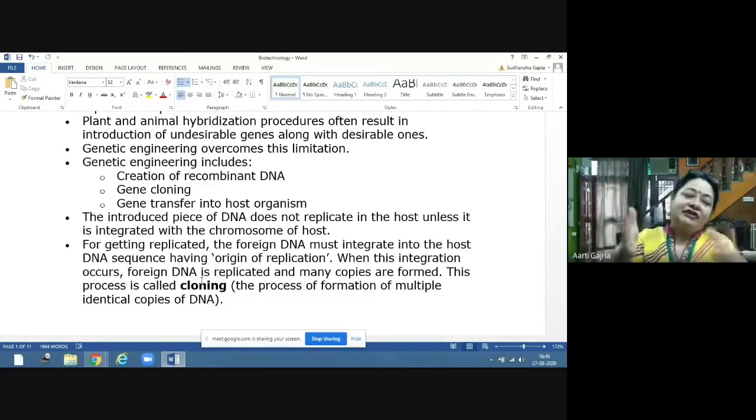And now when the host DNA is replicating, our gene of interest will also replicate. So it will form many copies. And this process is called cloning. What is cloning? Cloning is the process of formation of multiple identical copies of DNA. Identical copies will be formed, same copies.